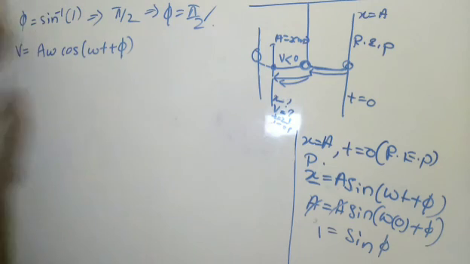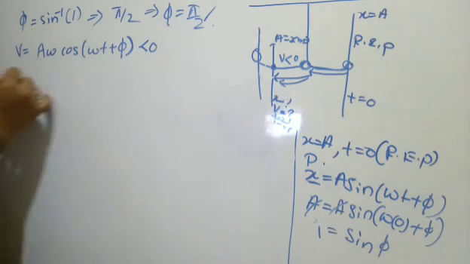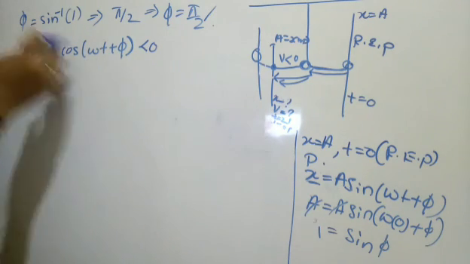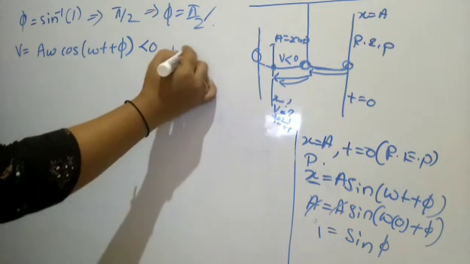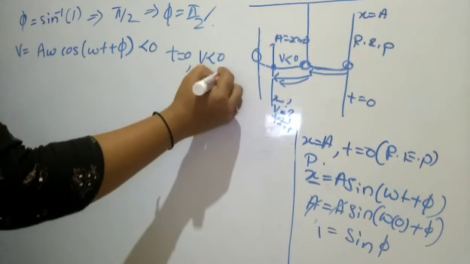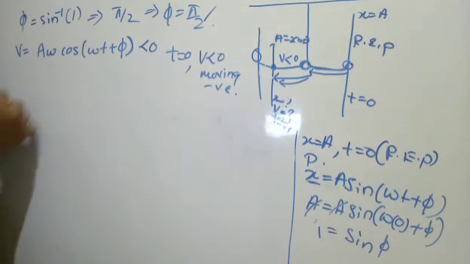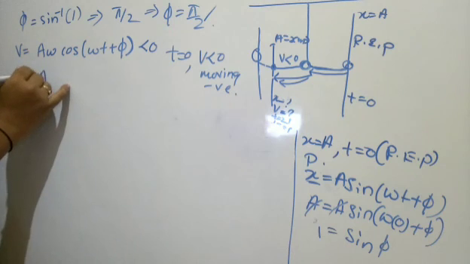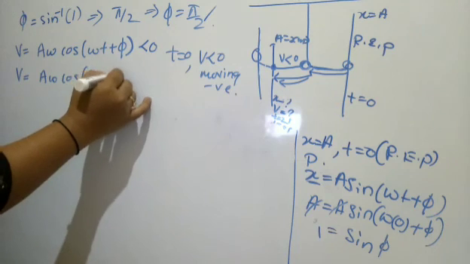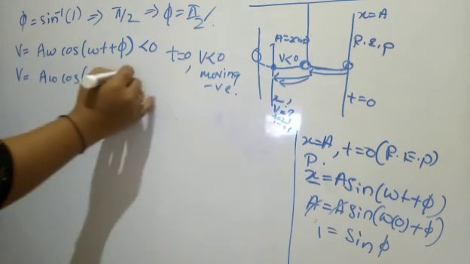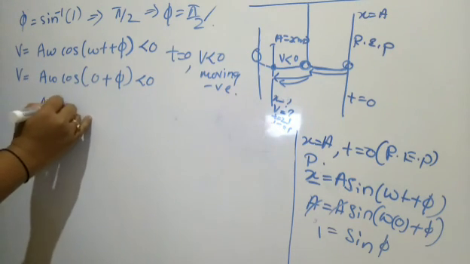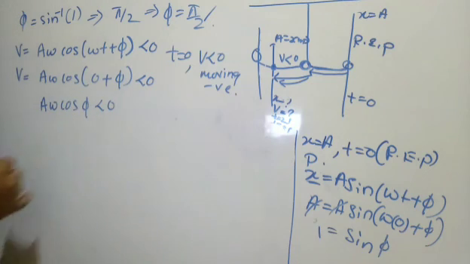We need to check the position where x of t is equal to 0 and velocity is less than 0, moving in the negative direction. So v is equal to a omega cos of 0 plus phi, where this condition is less than 0 only. Then a omega cos phi is less than 0.